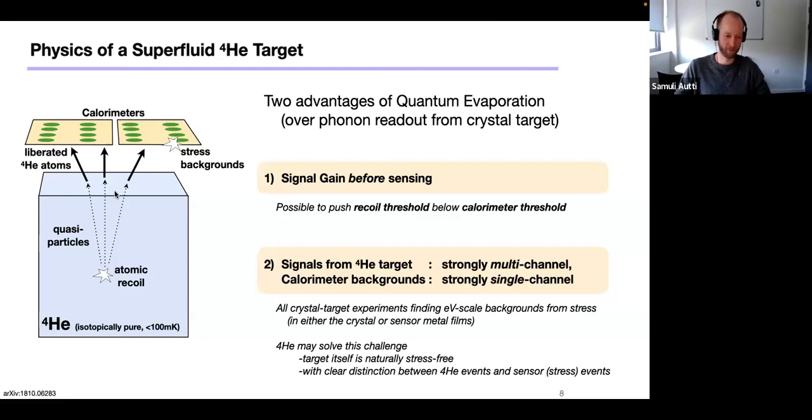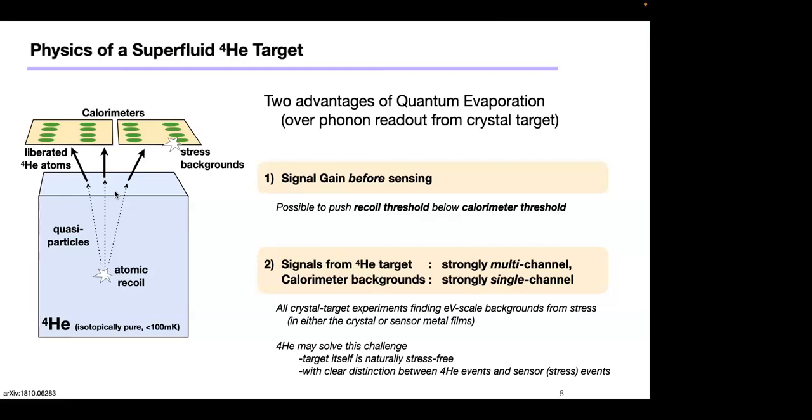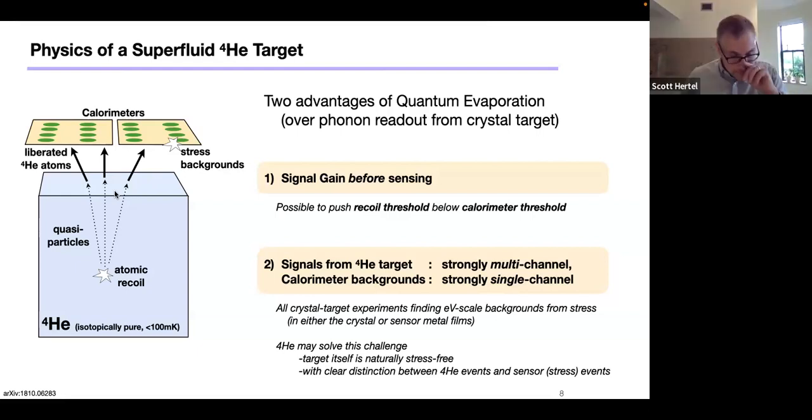Rob? Hi, Scott. Yeah, I just wondered whether it's important for you to find a mono-energetic calibration source down at these really, really low energies. Right. So right now, I'd say we're somewhat safe from the calibration question. And that's because the model is we have this recoiling atom.